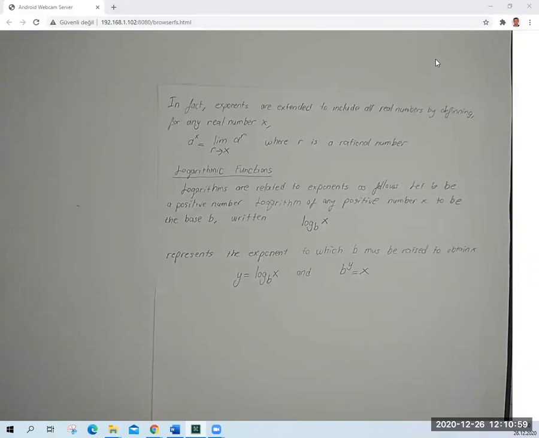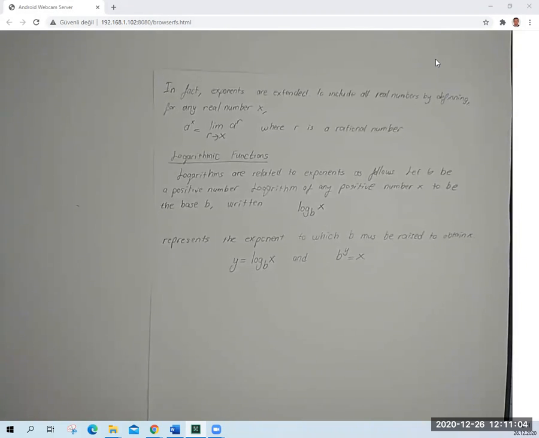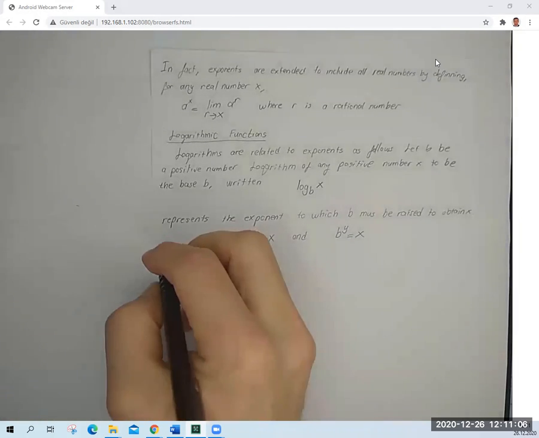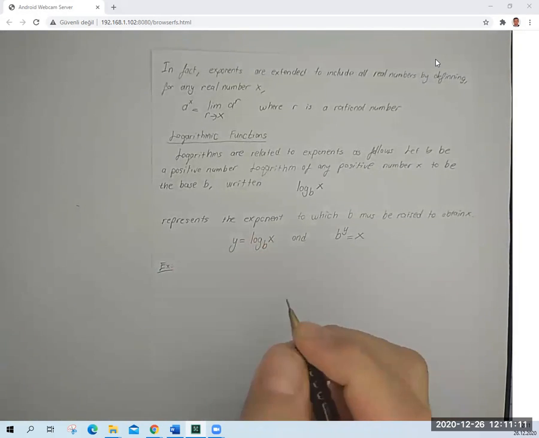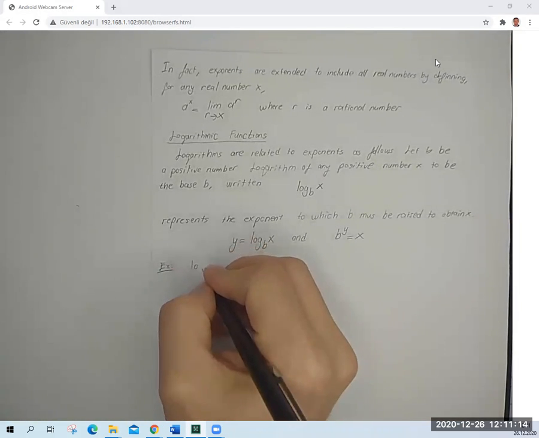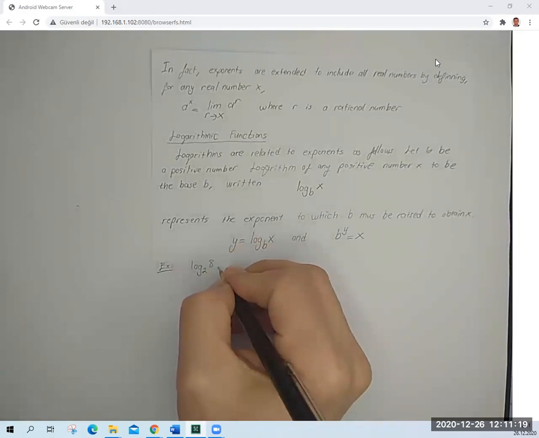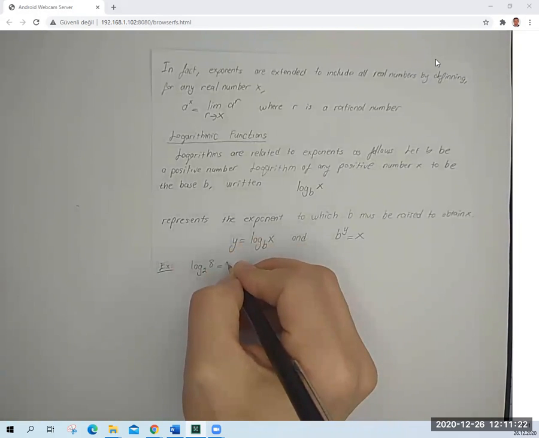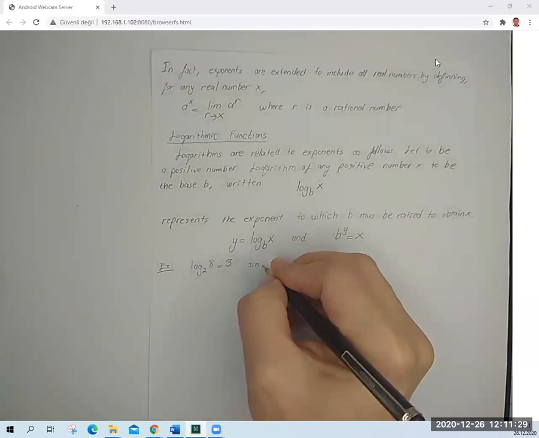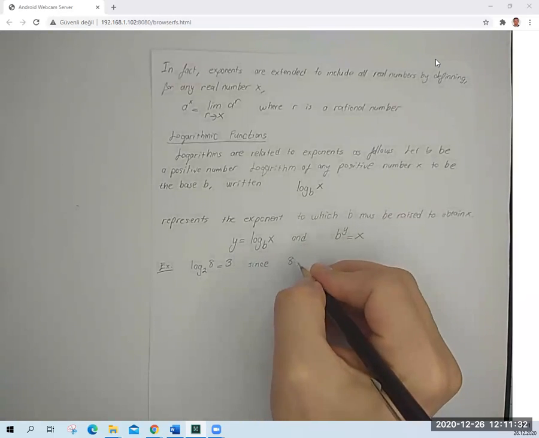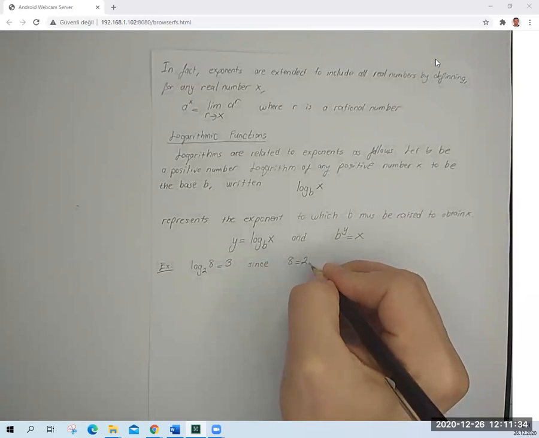And we write some examples. If the base 2 logarithm of 8 is equal to 3, right? It means 8 is equal to 2 to the power 3.